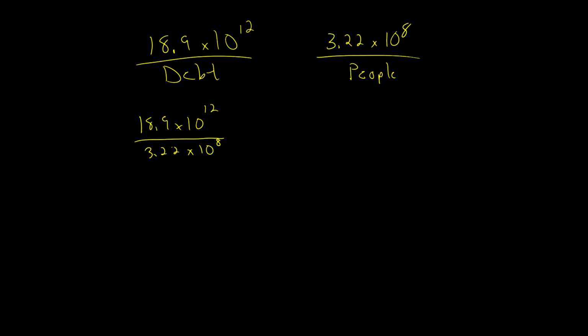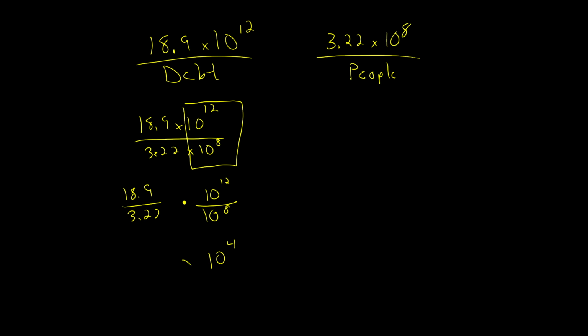Now what's nice is scientific notation. I'm already seeing my powers of 10 line up. So I'm going to break my fraction apart and put this out front, and I'll put my powers over here. And so my power rule says for the same base division I'm going to subtract. And so I have 10 to the 4th. Now my first part here, you know what?